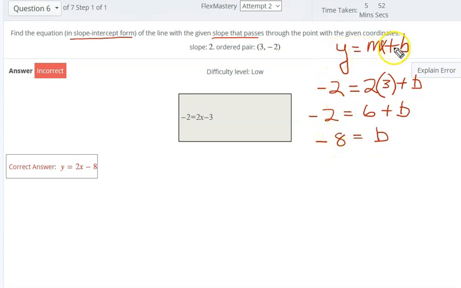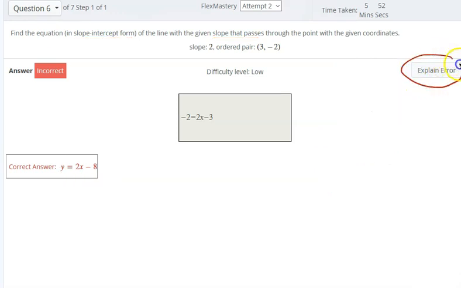We then put it in this form. Y equals, we know our slope is 2, and then we have to put it in the x, and our new b value is a negative 8, and that is the correct answer. Now keep in mind throughout these, if you get it wrong, you do have this tutor there to help you go through the specifics of it.